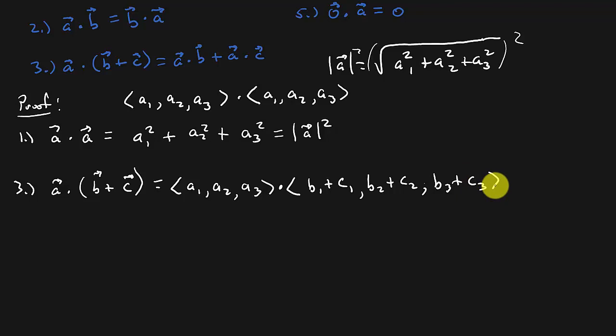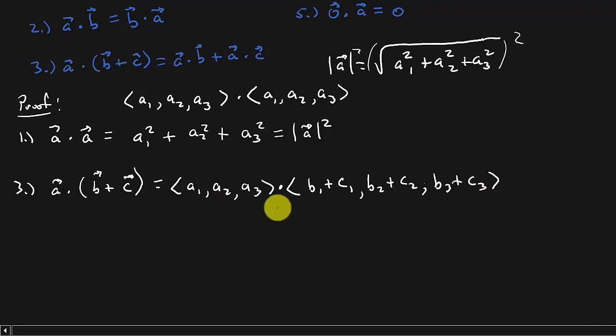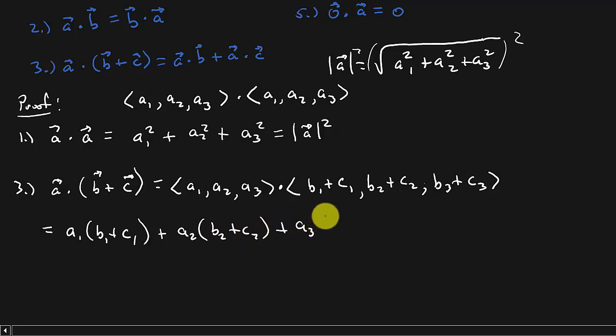So now let's do the dot product of this. And so this is going to be A1 times B1 plus C1, right? We've got to do this times this, plus this times this, plus this times this. So that's going to be plus A2 times B2 plus C2, plus A3 times B3 plus C3.